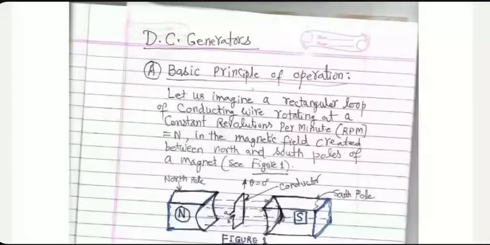The conductor is rotating at a fixed revolutions per minute, capital N. And if you divide capital N by 60, you will get revolutions per second, that we generally denote by small n.